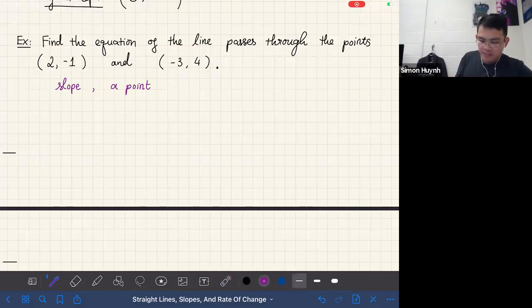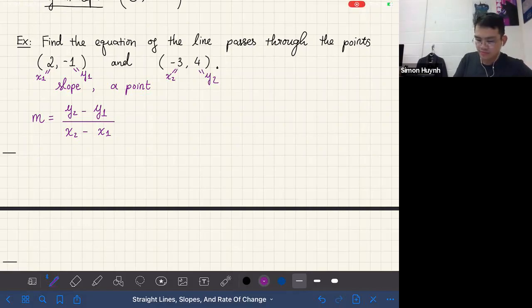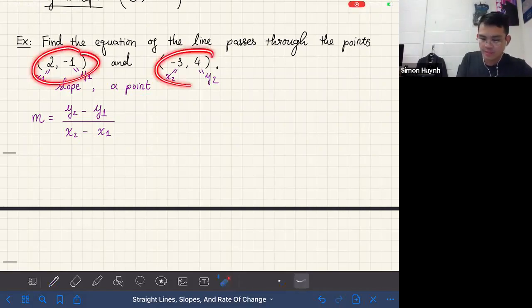We know that the formula for the slope m is y2 minus y1 divided by x2 minus x1, and let x1, y1 be the first point and x2, y2 be the second point. Okay.